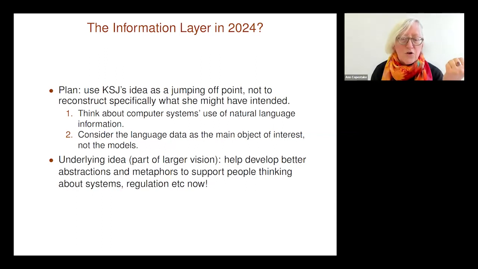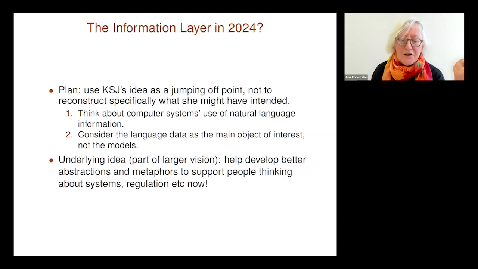I'm not trying to reconstruct specifically exactly what she might have intended, but I'm trying to use it as a different way into where we are this year, 2024, thinking about computer systems in general, use of natural language information, and considering the language data itself as the main object of interest, this vast quantity of stuff that's out there, not the models.